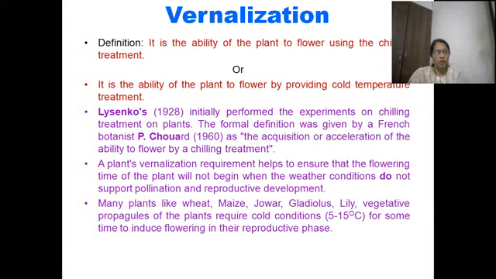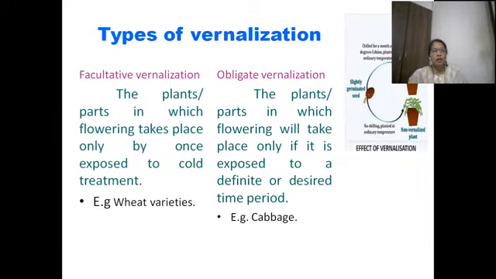Okay. Now there are different types of vernalization. So it is shown here that when you provide them chilling treatment, what happens? When no chilling treatment is given, no flowering takes place. But when chilling treatment is given, they will start flowering. So it is shown like this. Effect of vernalization.